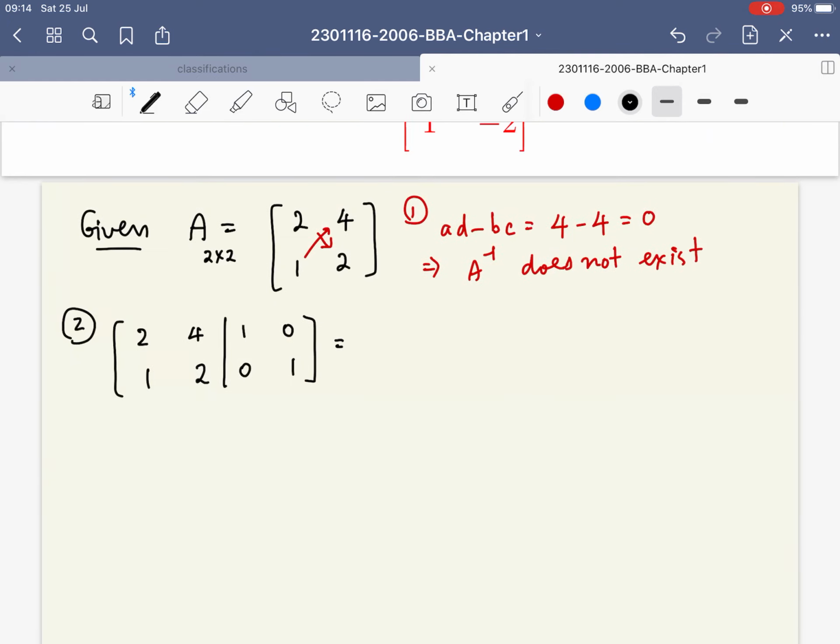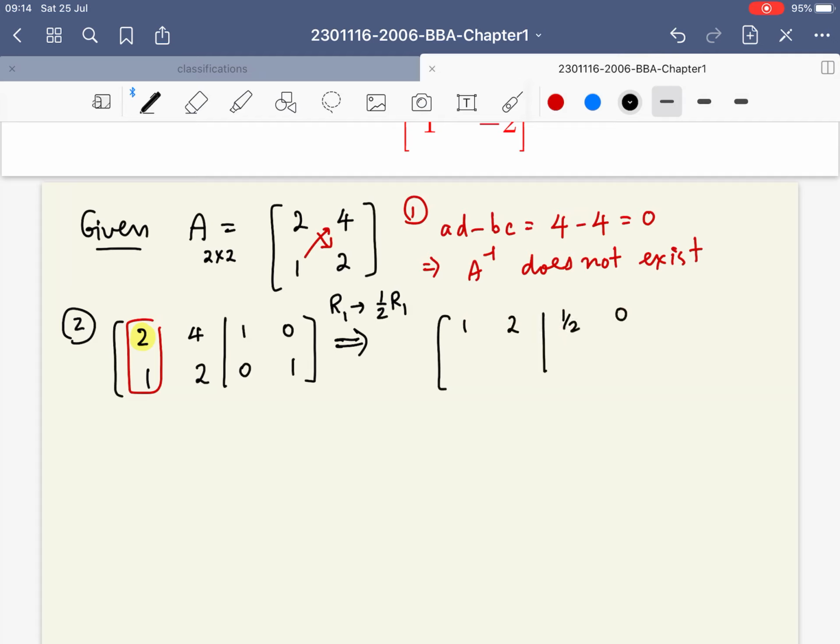Okay, so this one, you are going to reduce it, right? So first thing, you sweep by column. Look at the first column, and the first position of your first column must be 1. So you are going to change your R1 into the half of your R1. So it will be 1, 2, 1/2, 0.